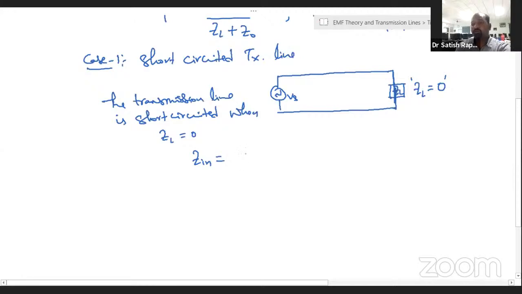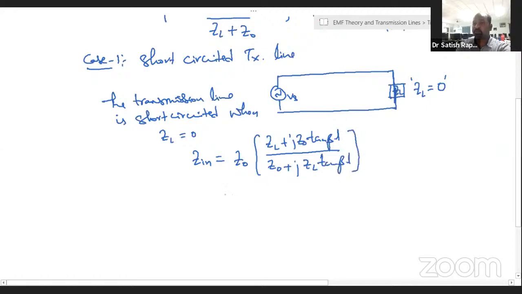For convenience, let me write it once again: Z naught ZL plus J Z naught tan beta L divided by Z naught plus J ZL tan beta L. This is the input impedance.